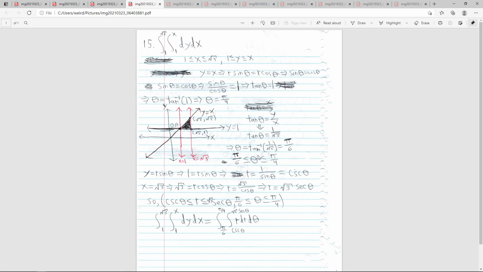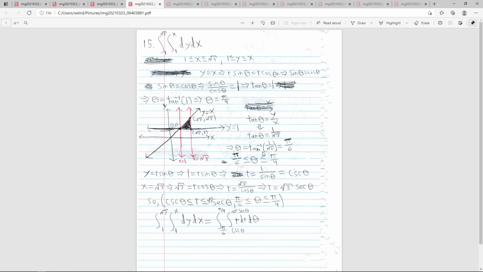If you work backwards and get your inverse tangent, it's the inverse tangent of 1 over square root of 3. It's pi sixth, because sine divided by cosine at pi sixth will give you 1 over square root of 3.